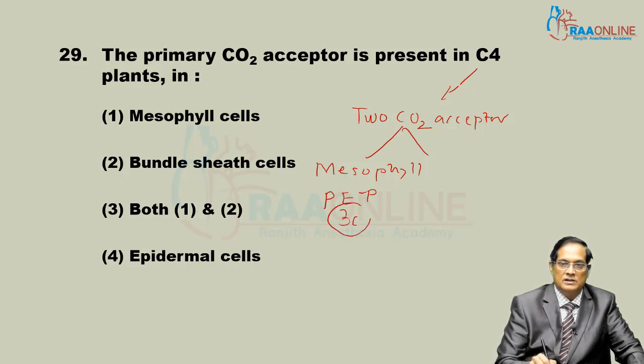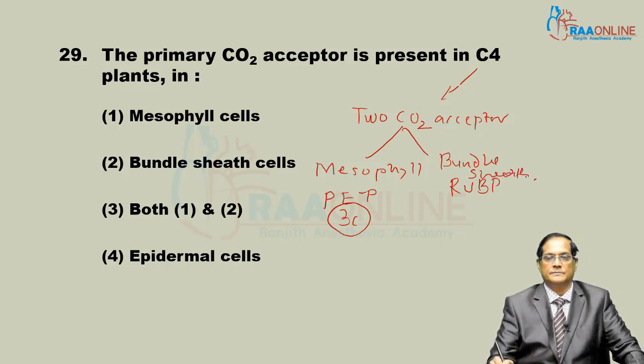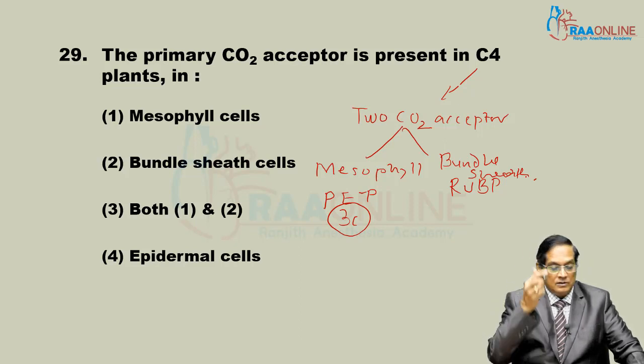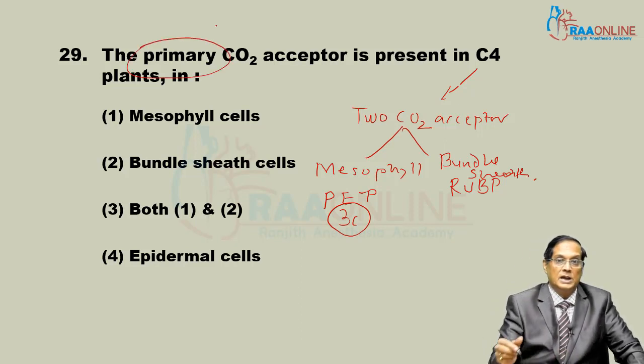Then the second is RuBP in the bundle sheath chloroplast. So double CO2 acceptors are there, but the question asked is the primary acceptor of carbon dioxide. In that case, PEP is the correct answer.